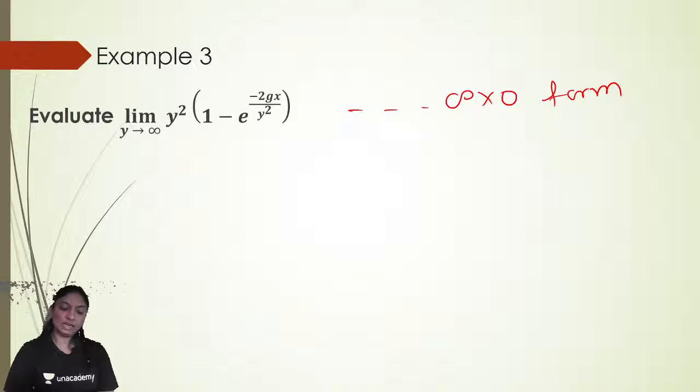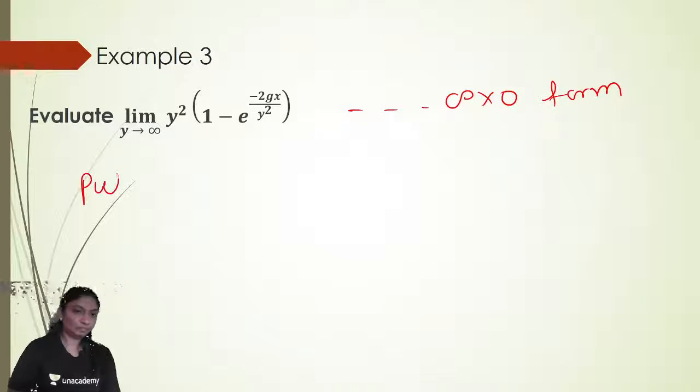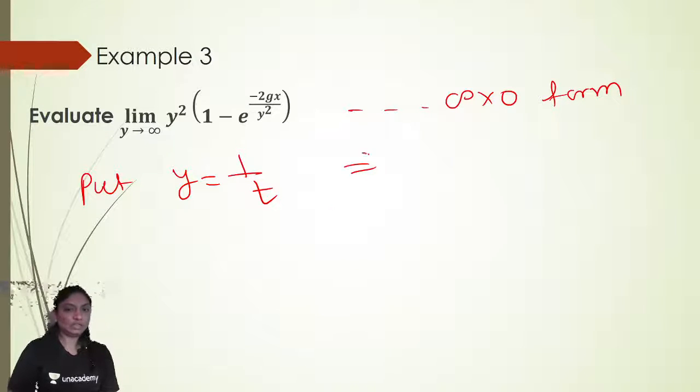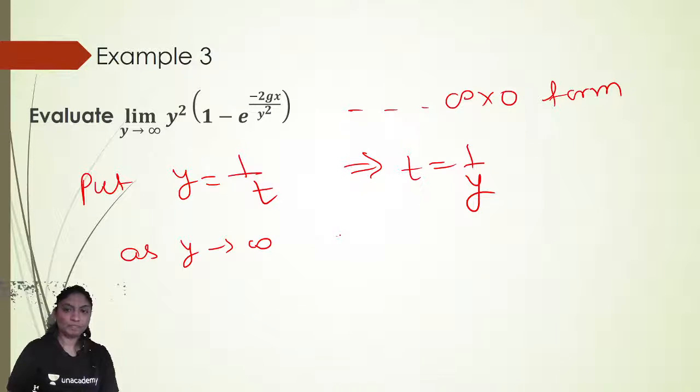As it is infinity into 0 form, we can convert it. So L is equal to, here put y is equal to 1 by t. Now see how we can write it. y is equal to 1 by t, which implies t is equal to 1 by y. So as y tends to infinity, what does it imply? t tends to 0. Right?